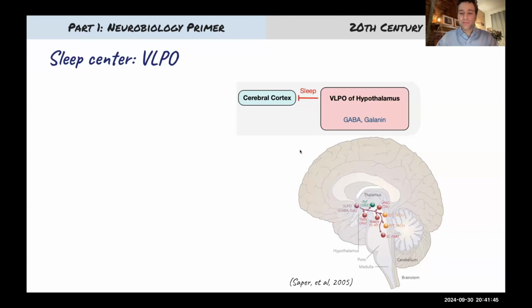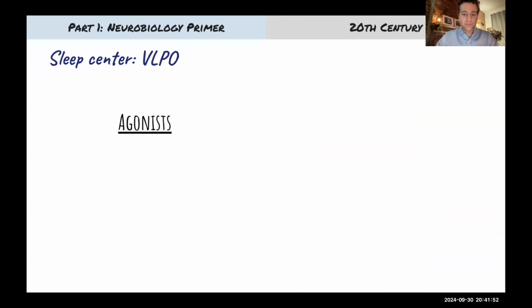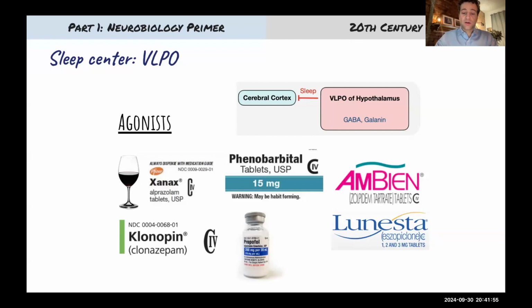So this is the first pillar of sleep-wake neurocircuitry, inducing the cerebral cortex into a state of sleep. Numerous agents are used on this system to induce sleep. GABA-A agonists, such as alcohol and benzodiazepines, and barbiturates, as well as newer Z drugs, all operate by agonizing this pathway.